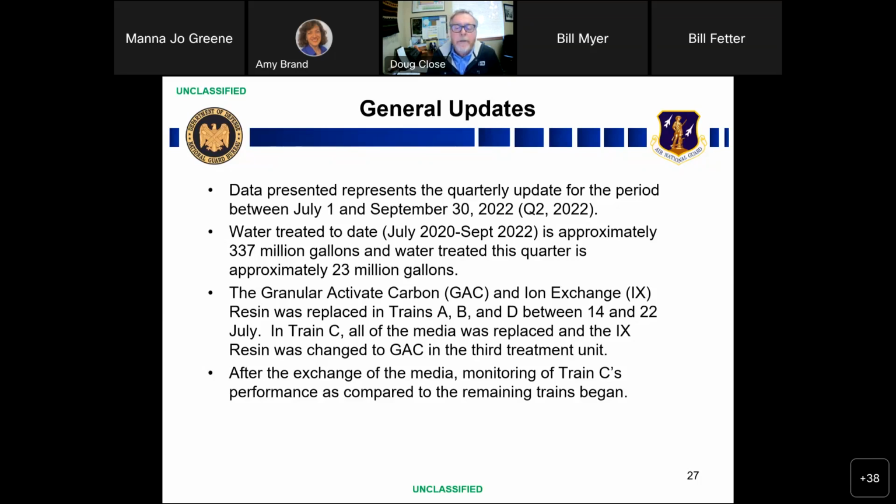We'll get more into that later in the presentation. After the exchange of the media, we began monitoring pressure, treatment results, and sampling, and started to compare train C of all carbon versus our typical configuration of carbon resin.